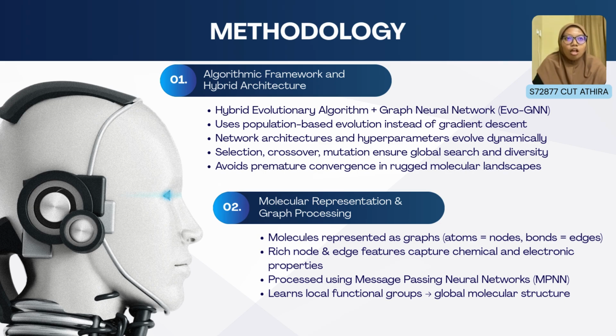These graphs are processed using a message passing neural network, allowing the model to learn local chemical environments in early layers and global molecular topology in deeper layers. This representation preserves structural information that traditional fingerprints often lose.